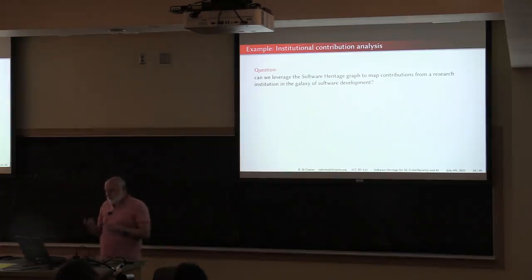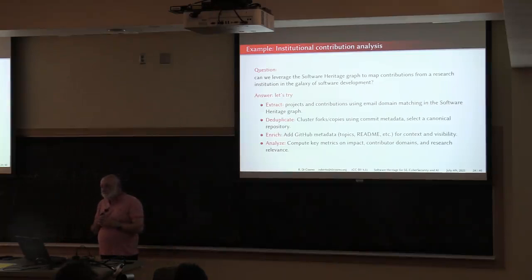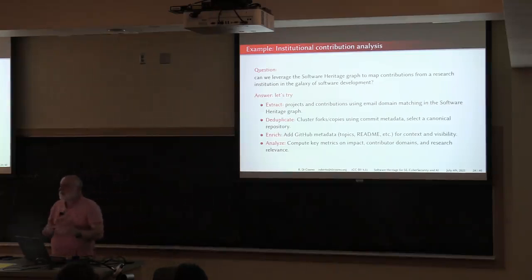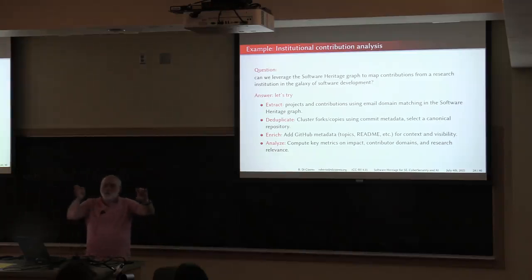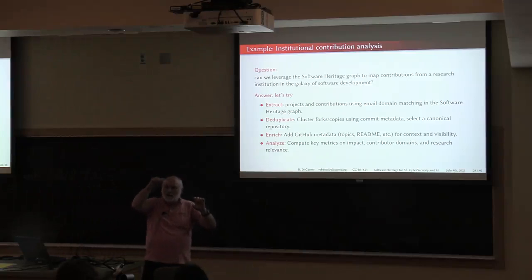Well, why not? So step number one, let's say we are looking for Berkeley. We have 5 billion commits. Over the 5 billion commits, in color, all the ones that have at least one email address of a contributor coming from Berkeley.